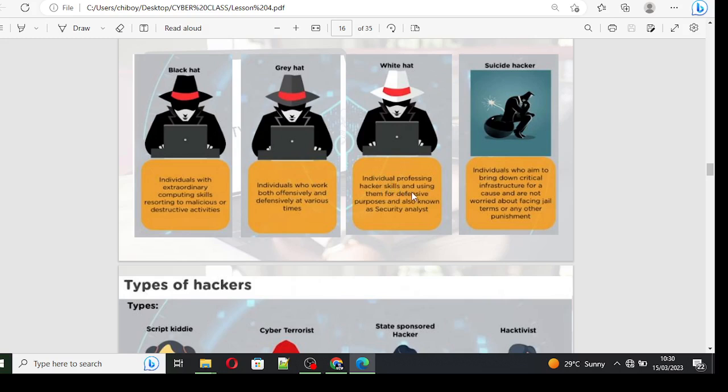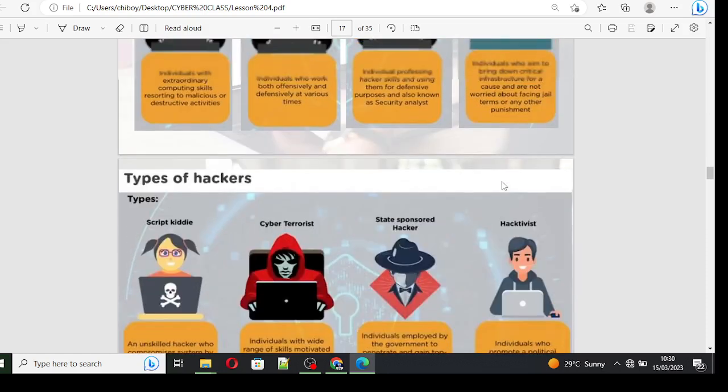These are individuals professing hacker skills and using them for defensive purposes, also known as security analysts. Now we have the suicide hackers. We've already said it, so let me just rush it due to time. These suicide hackers are individuals who aim to bring down critical infrastructure for a cause and are not worried about facing jail terms or any other punishment.